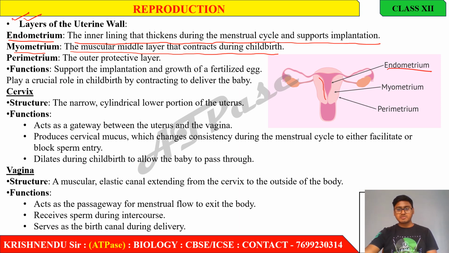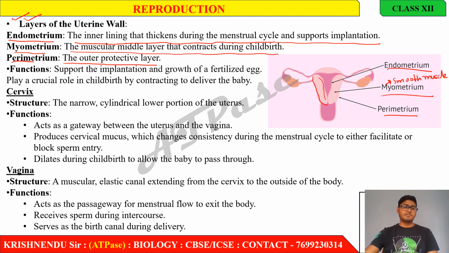The myometrium consists of smooth muscle. Next, the perimetrium, the outer protective layer. This is the most outer layer of the uterus.